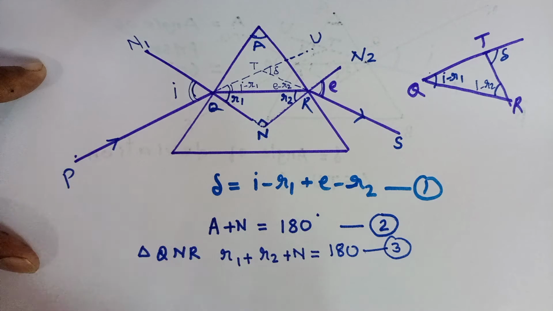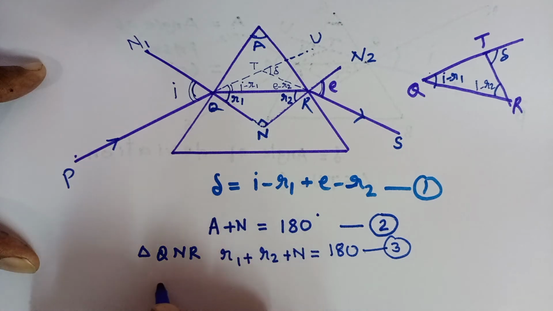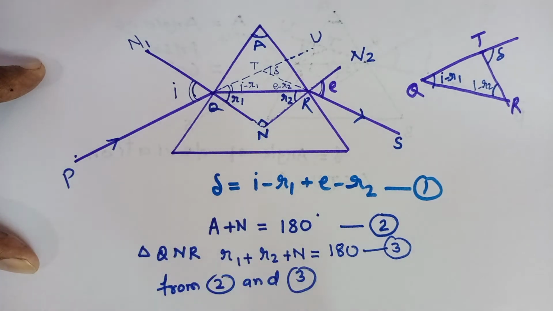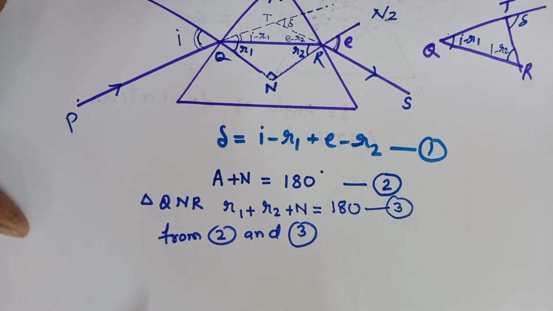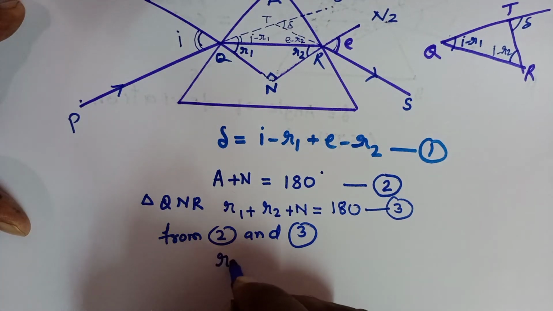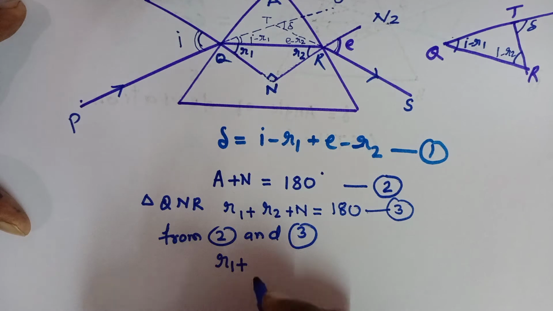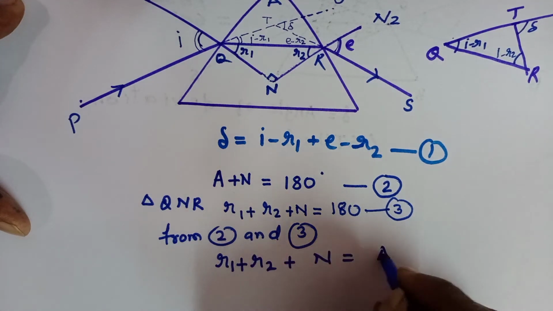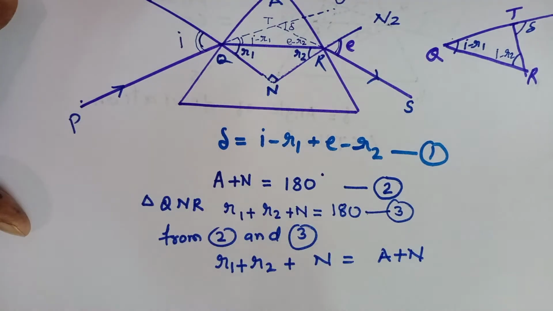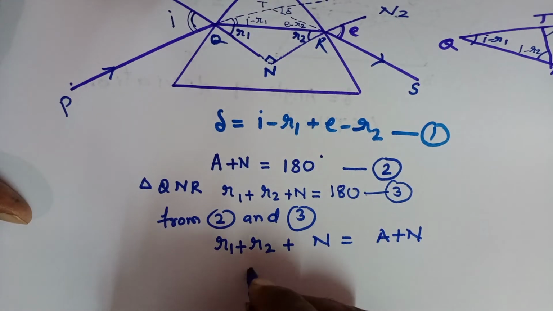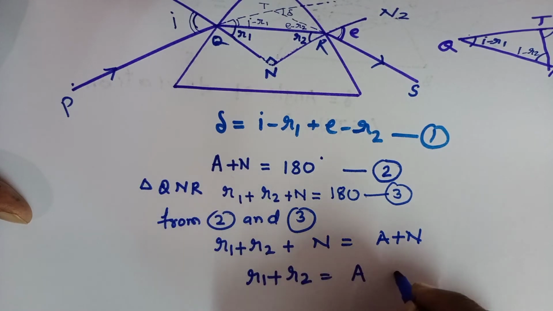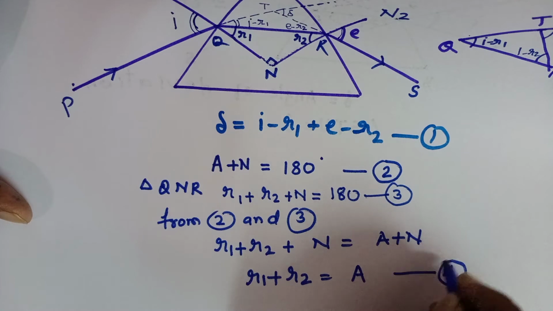The right hand sides of these two equations are the same. So from 2 and 3, we can say R1 plus R2 plus N equals A plus N, and cancelling N, we get R1 plus R2 equal to A. Say it is equation number 4.